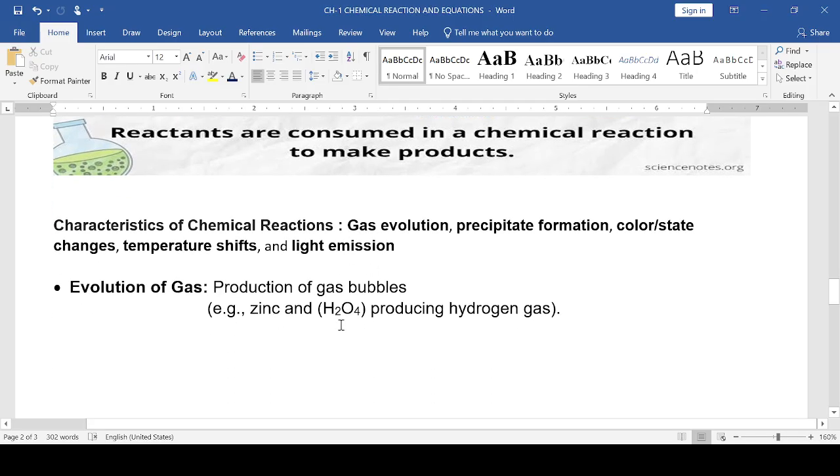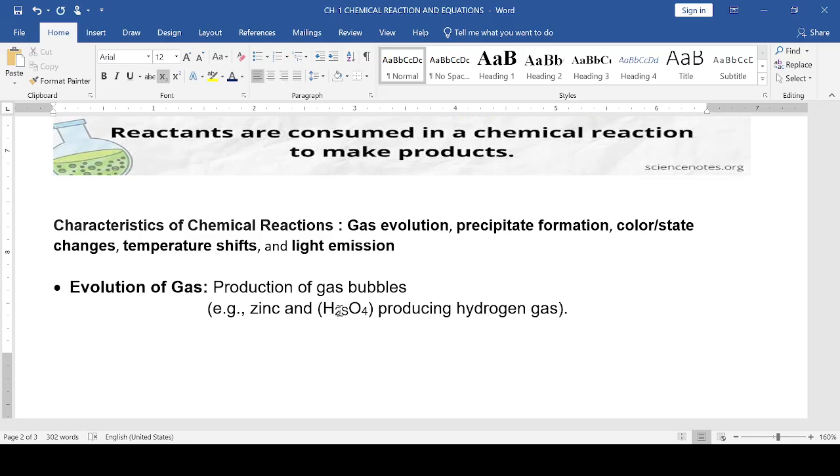When zinc and H2SO4 are reacting with each other, what will happen, students?